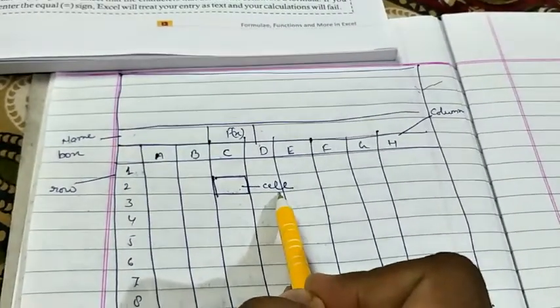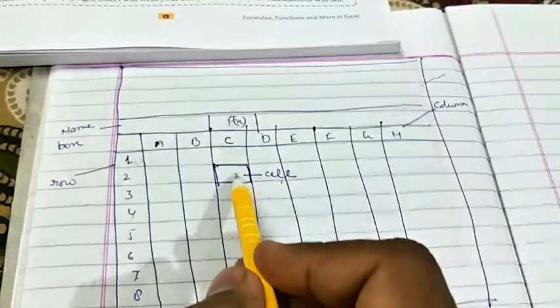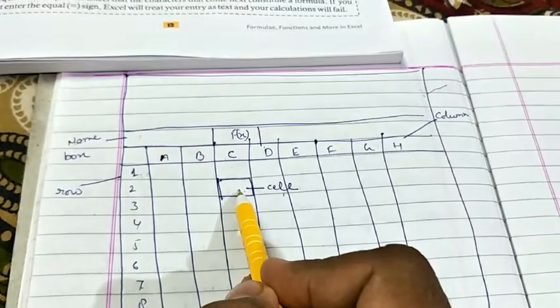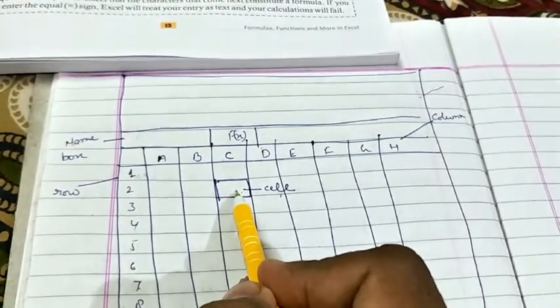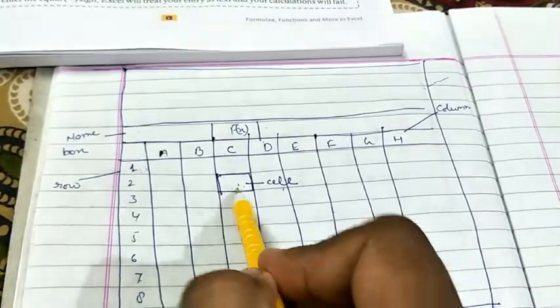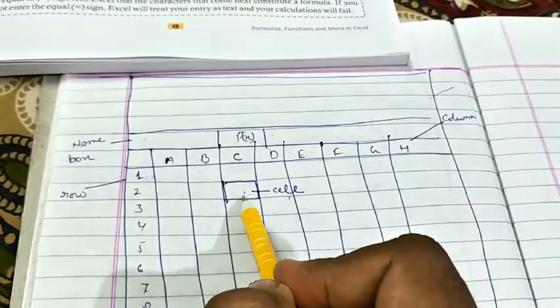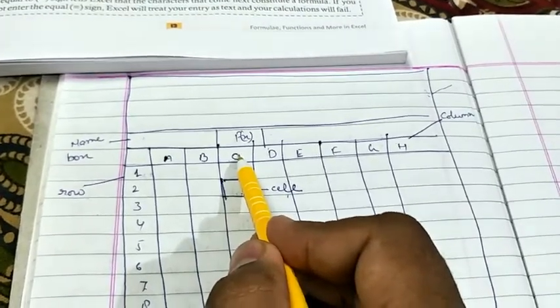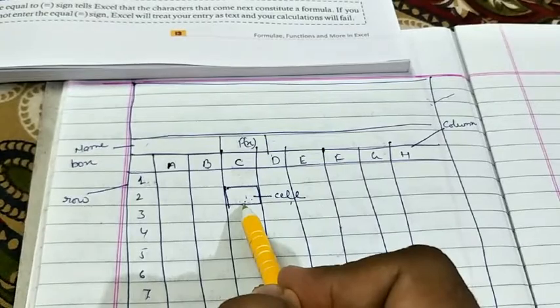Got it? Okay, now what is the address of cell? The address of cell is represented by a column letter and row number. Now see what is the address of this cell. What is the column letter of this cell? You can see C. Okay, and what is the row number of this cell?